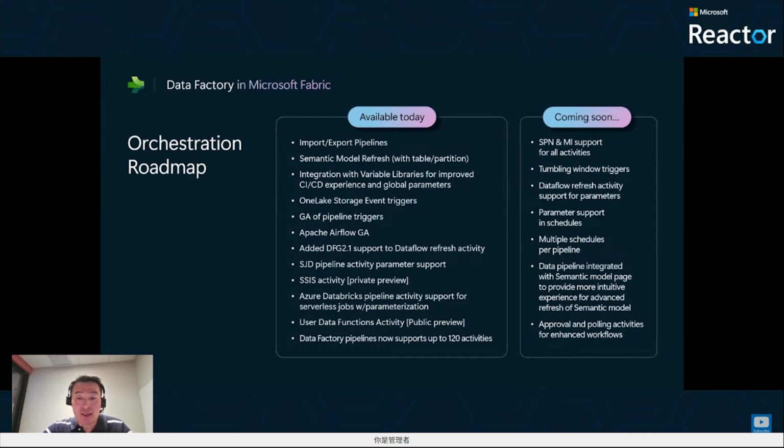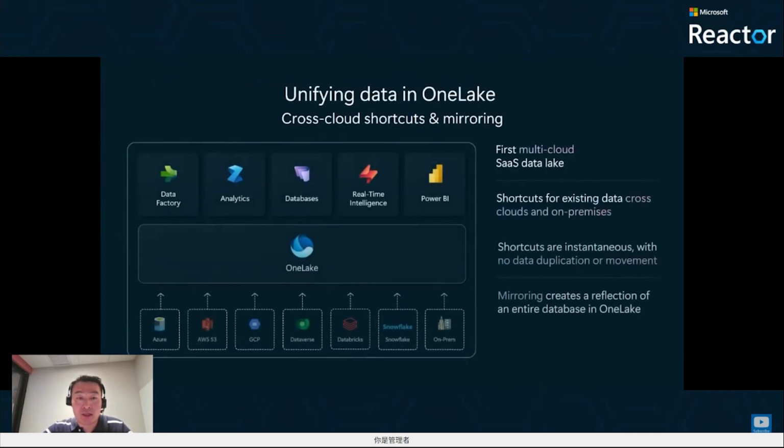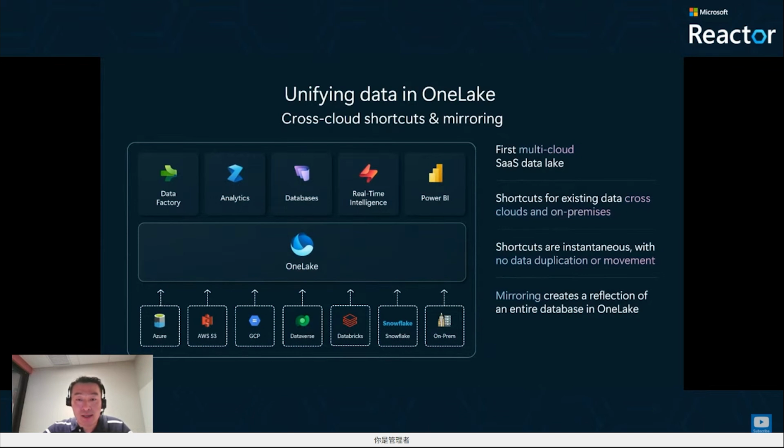Next, we're going to switch to another topic and talk about unifying data in OneLake. In the story of unifying data in OneLake across multiple cloud scenarios, there are 2 major features in Microsoft Fabric to help you. One is shortcuts, to help you get access to your data in storage-based stores from Fabric without any data movement.